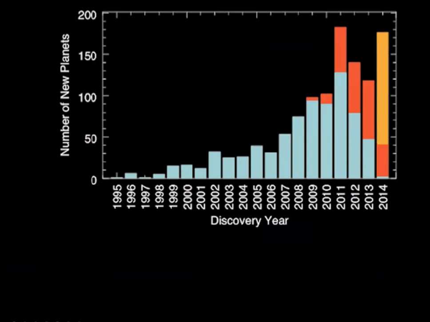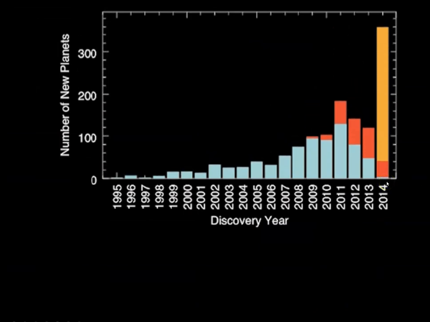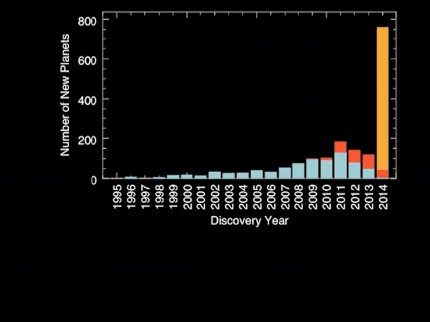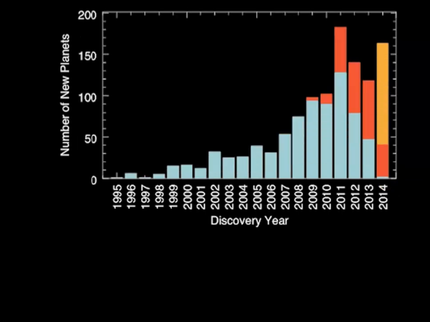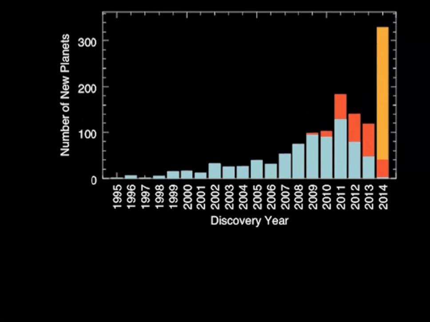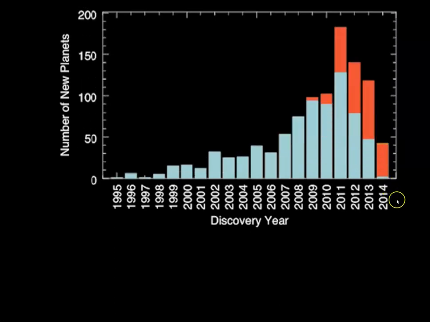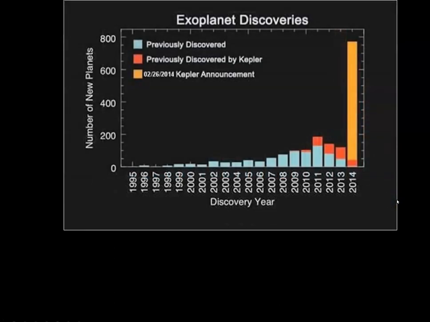Little animation here showing you the enormity of discoveries. See up here, 800 planets discovered by the end of 2014. Just amazing research being done. And then on the 26th of 2014, the major Kepler announcement was that they had discovered the 1000th planet.